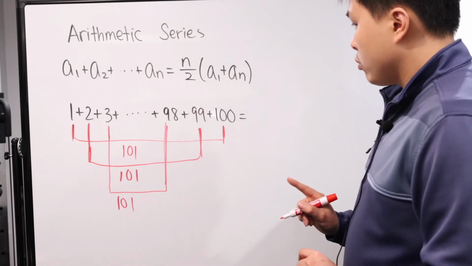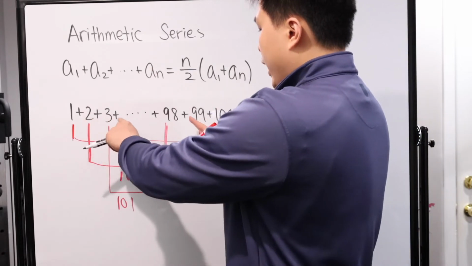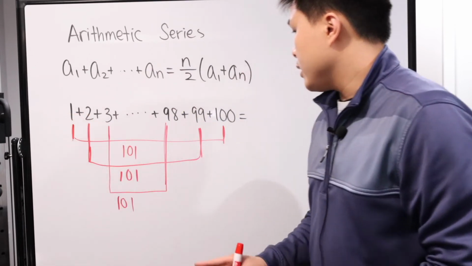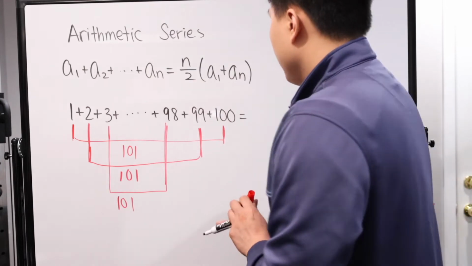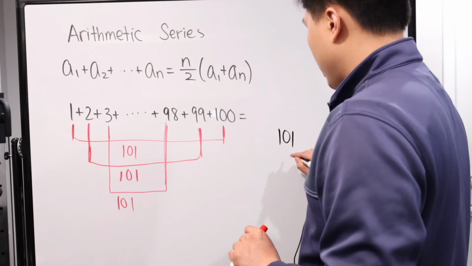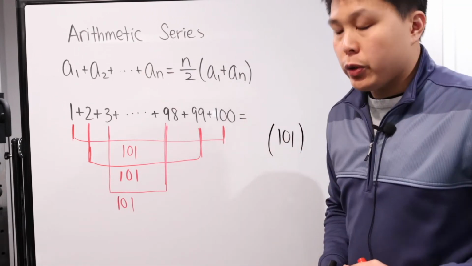Well, okay, now we're getting somewhere. That means that all of these pairs, when you add them, are always going to be the same number. So it's technically equal to the first and the last added together. We noticed 101 for this one. How many times do we do it?